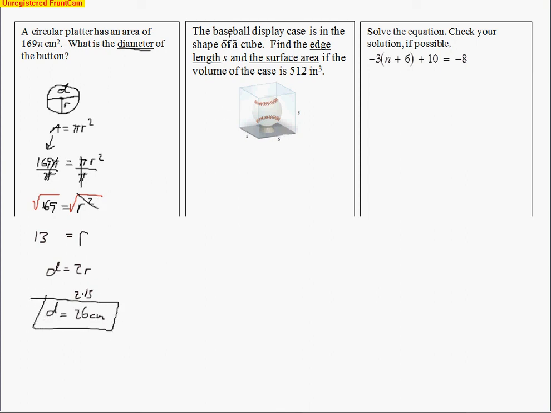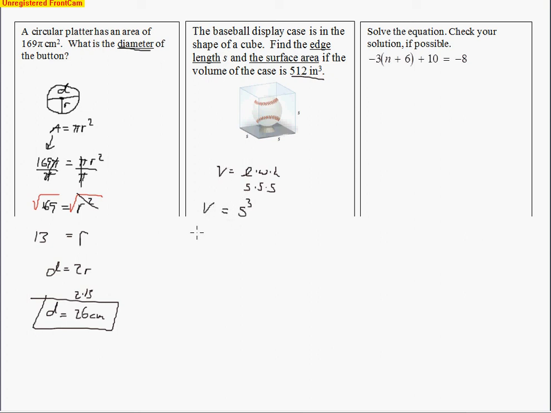And taking a look at this one, it says that the baseball display case is in the shape of a cube. Find the edge length S and the surface area if the volume is 512 inches to the third power. So the volume for this is the length times the width times the height. Well, the length is S, the width is S, and the height is S. So I have the same variable raised to the third power will give me that volume.